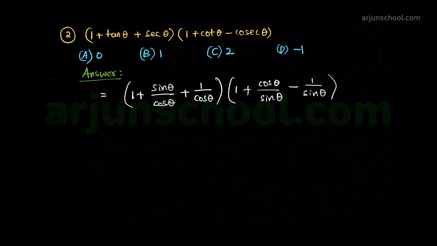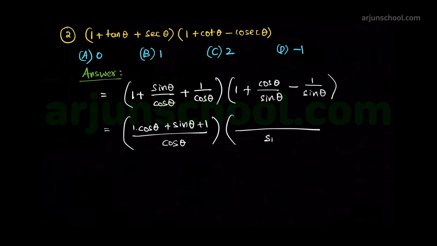We have two terms. In the first term, let us take cos theta as LCM. We get in the denominator cos theta, and in the numerator we get 1 times cos theta plus sin theta plus 1. And for the second term, we can take sin theta as LCM.